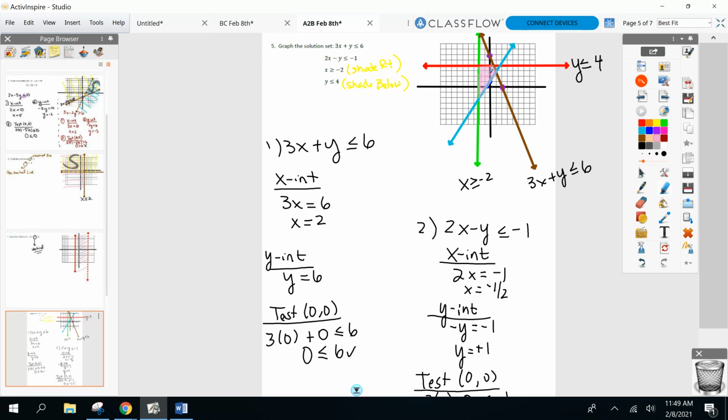That's where they would all intersect. And this is where I need you to be. All right, that's where I need you to be. Could you have gotten away with just doing the shading as you went along? Maybe. But I think you'd need 4 colors first, and I don't know how great it would have looked. I think that looks much neater, just shading the final region.